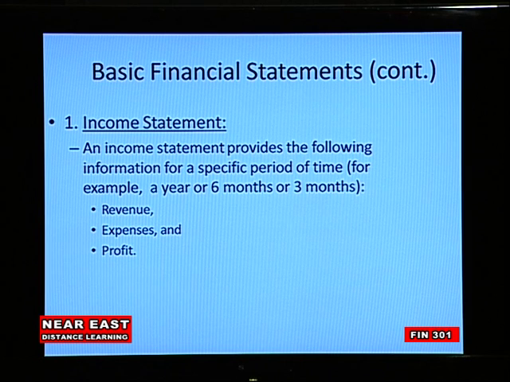Income statements provide the following information for a specific period of time, for example, a year, 6 months, 3 months. Income statements include revenue from sales of goods, revenue from rendering services, and also include expenses.